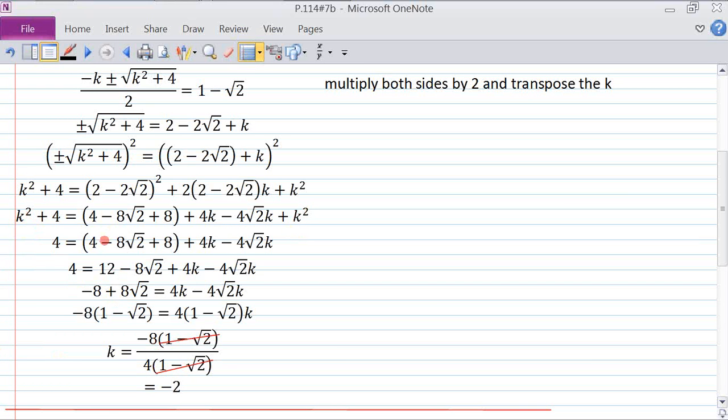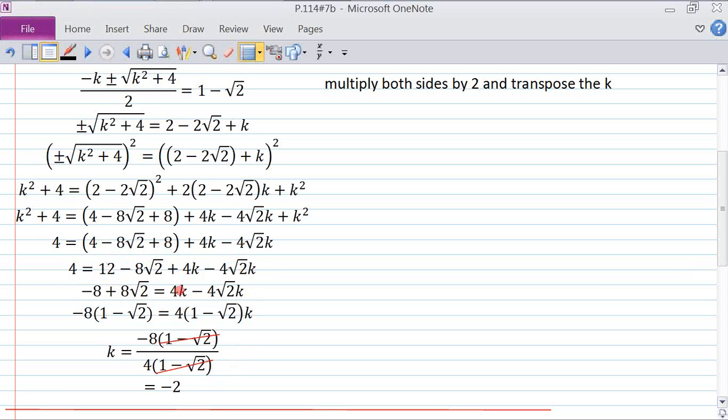Now, here, we've got 4 and 8 is 12 minus 8 root 2. This 4k minus 4 root 2k. So the only difference in going from here to here is we sum these two terms.